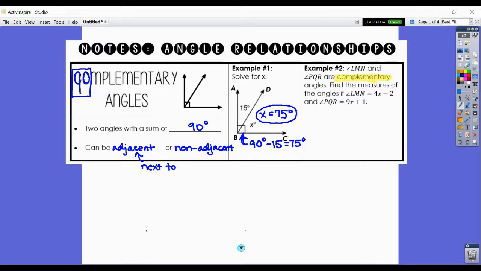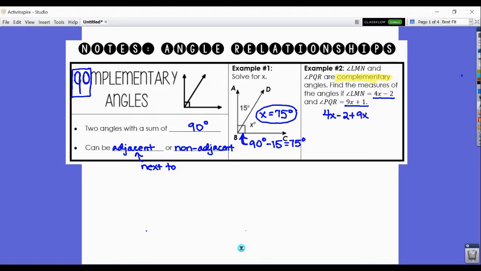Those are my two angles. So I'm going to add up those two angles together to make 90. So 4x minus 2 plus 9x plus 1 equals 90.